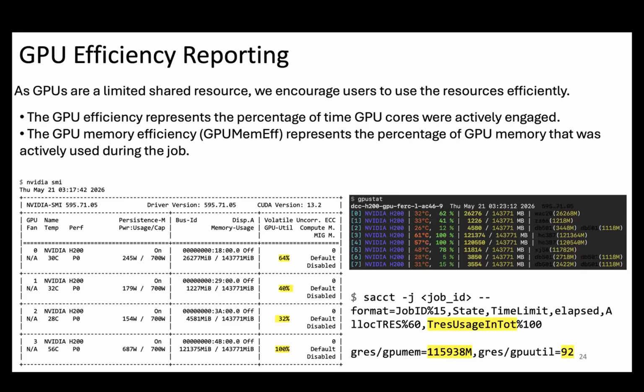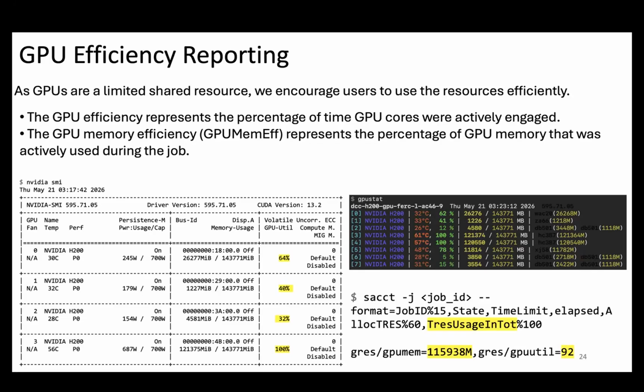The second one is how much of the GPU VRAM is actually utilized for this task. For instance, if you're running an LLM model that only requires 10 gigs of VRAM, is it really efficient to use a 141 gig H200, right? That's something important that we have to look into when we're running these GPU jobs.